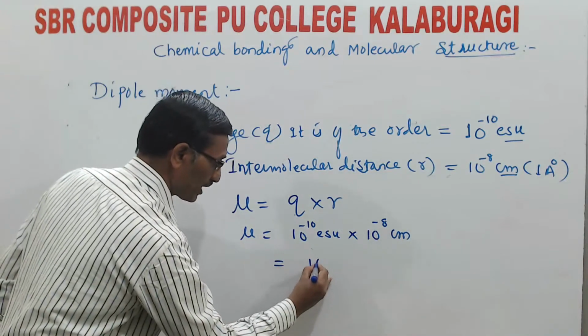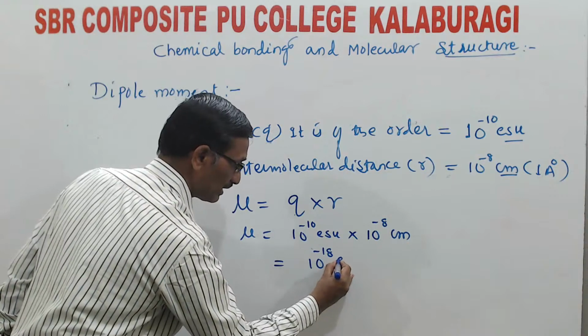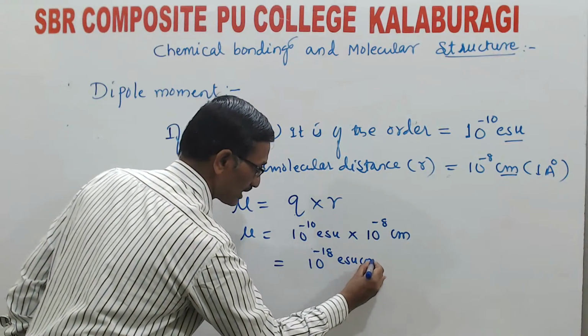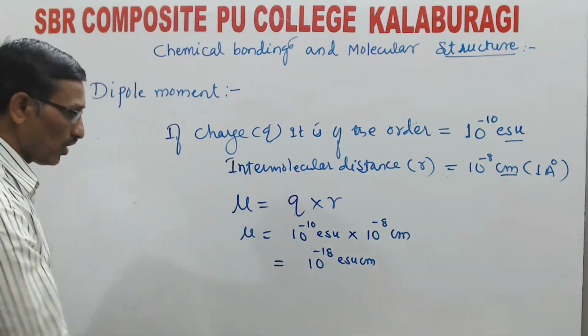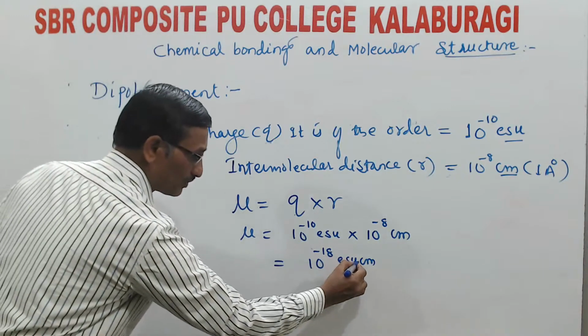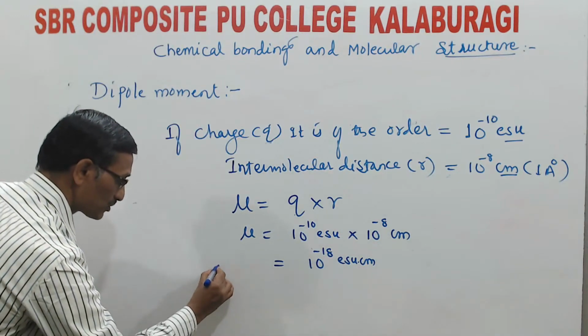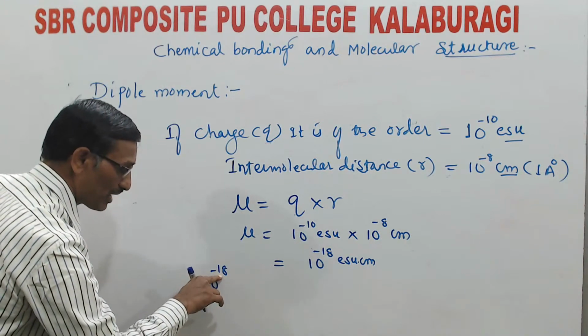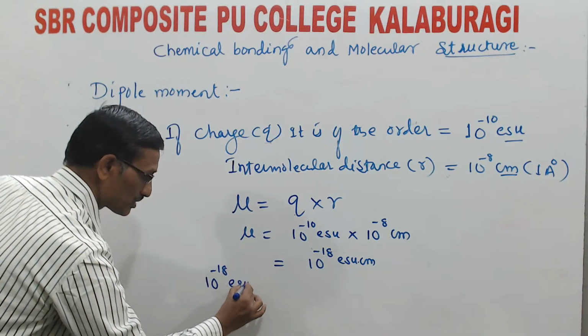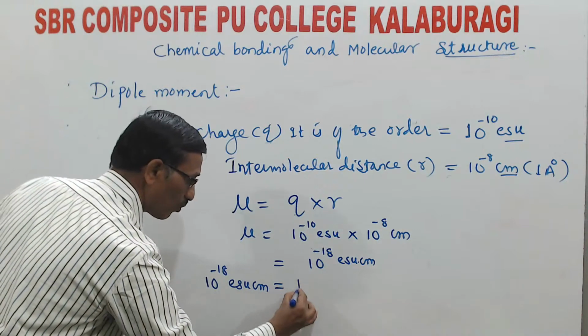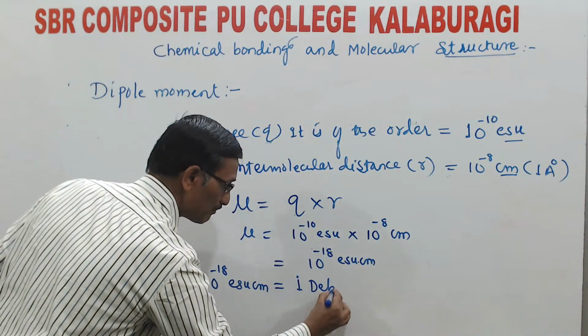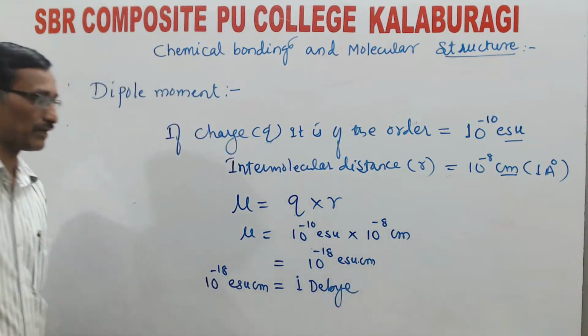The product of these two is 10 to the power of minus 18 electrostatic unit centimeter. You know, this electrostatic unit centimeter is known as 1 Debye.